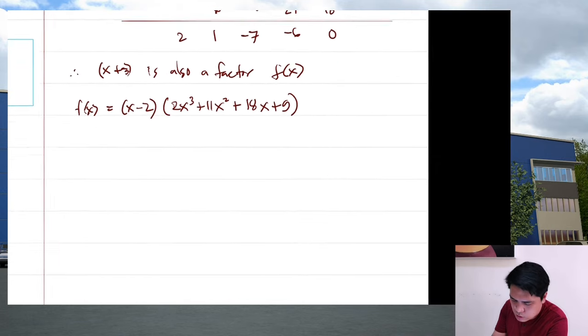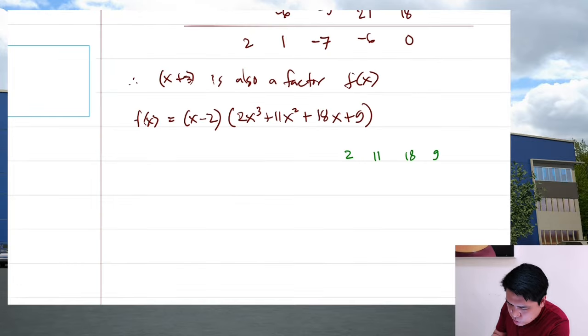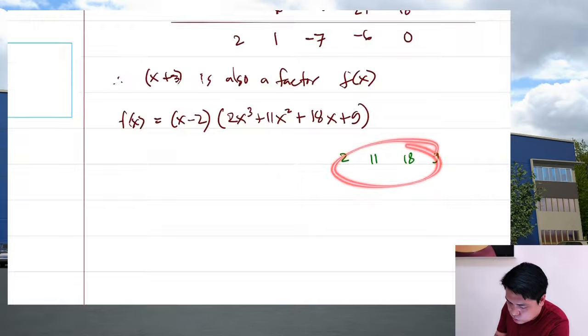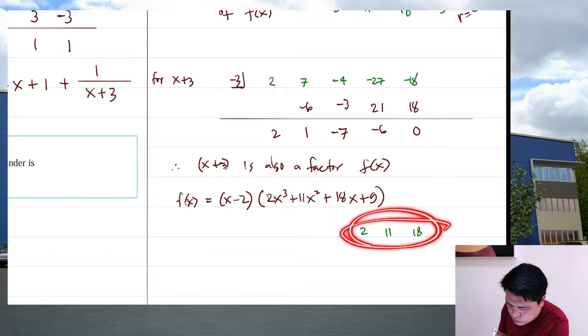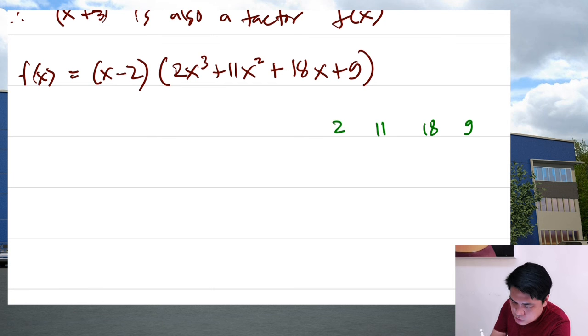So let's do synthetic division again with 2, 11, 18, and 9. We already know that x plus 3 is a factor, so we use negative 3 here.